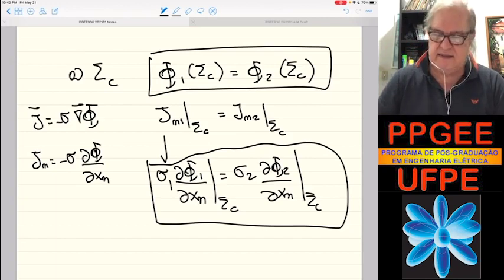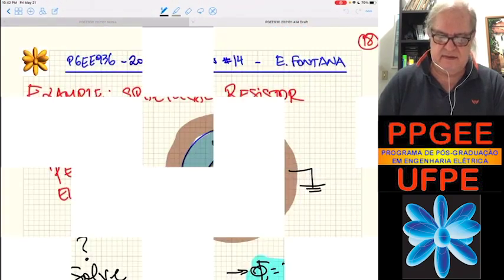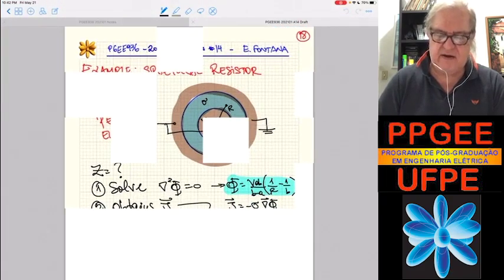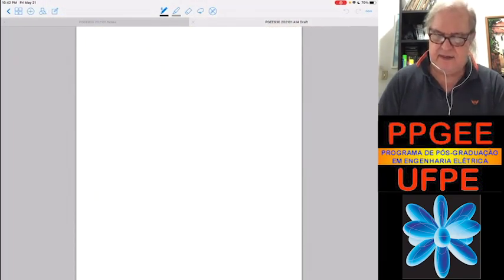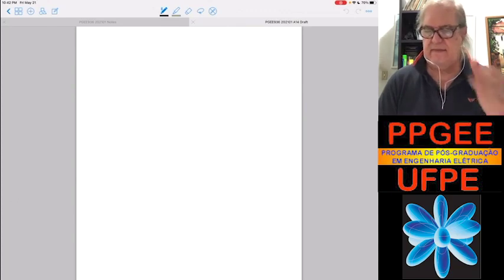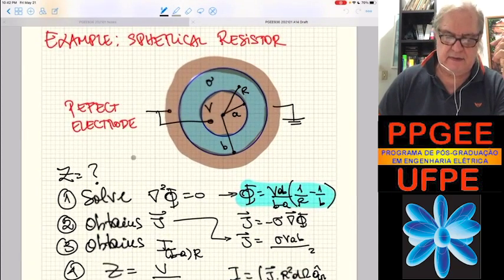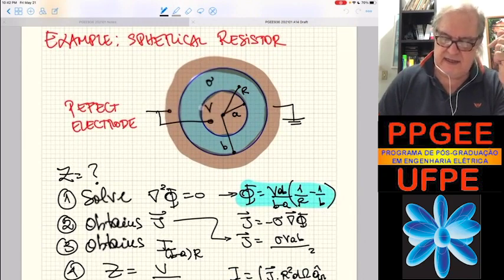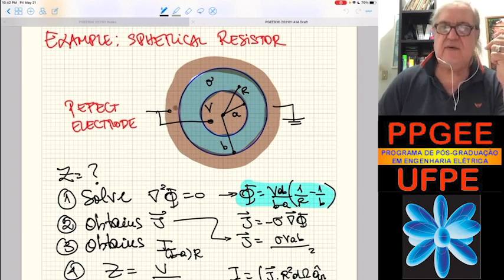Just as an example, we have this spherical resistor. Let's say we have an inner electrode of radius A, and an outer shell of conductive material, a ground electrode.